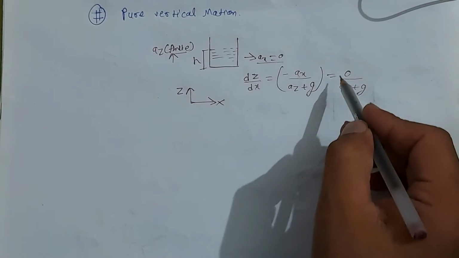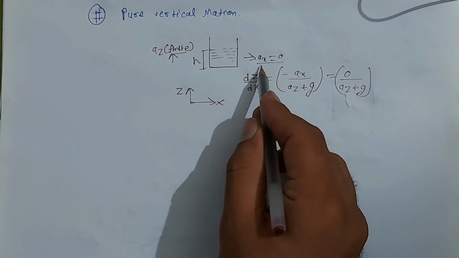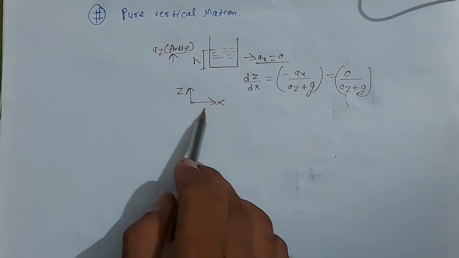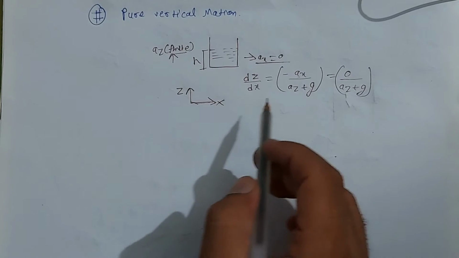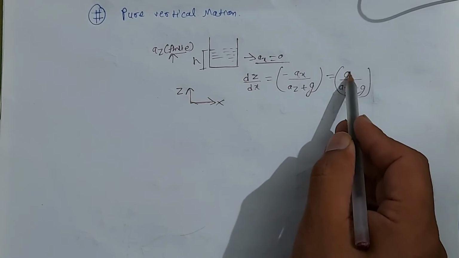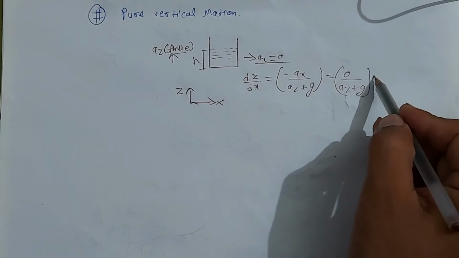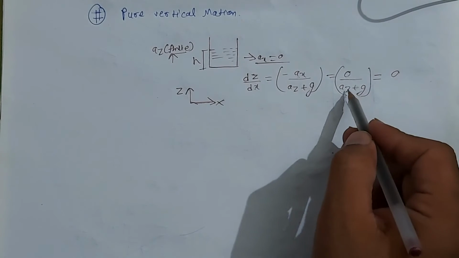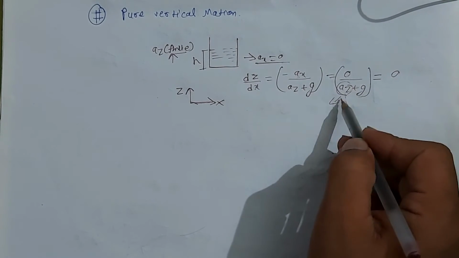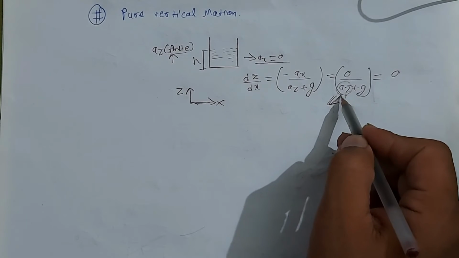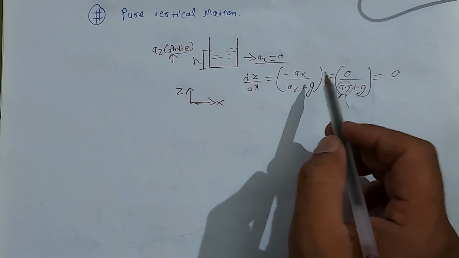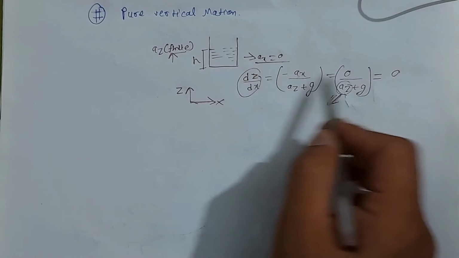There is no component of acceleration in the x direction. So the numerator is 0 and the denominator is a finite number, so it will come out to be 0. And for any value of az, whether 100, 1000, or 10,000, you will always get dz by dx as 0.